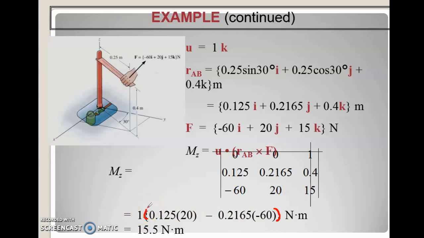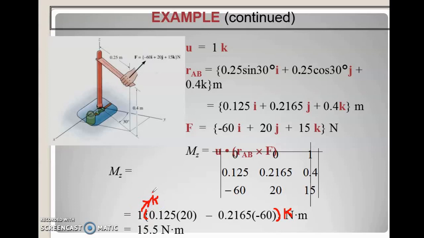Because this is the component for k, you do the dot product for the component of k, and your unit vector here is also a component of k.